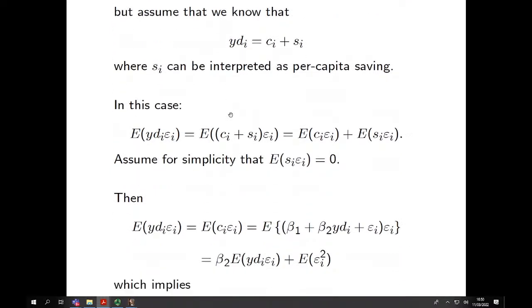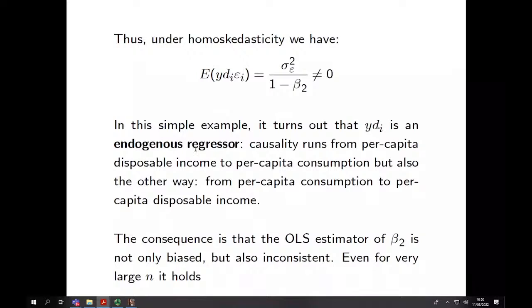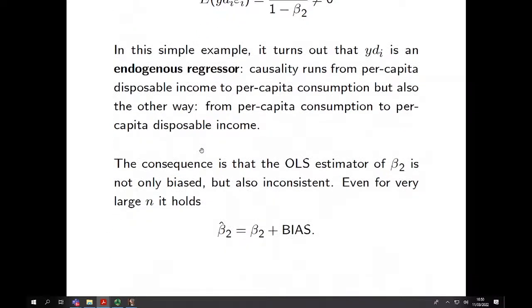And we know that in these cases we have an endogenous regressor, and the OLS estimator will be biased. If I estimate the beta 2 coefficient by OLS, the output will be the true value plus a bias, which will never disappear, even if I have 20 billion regions rather than 20.